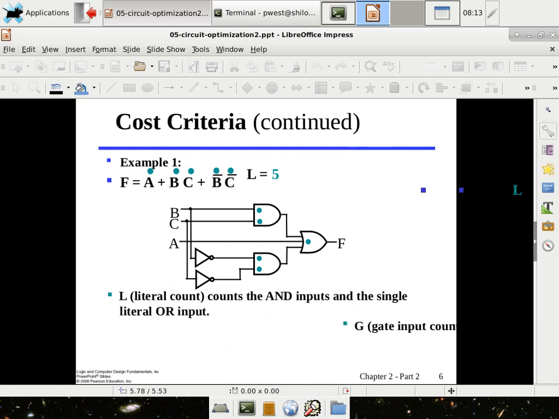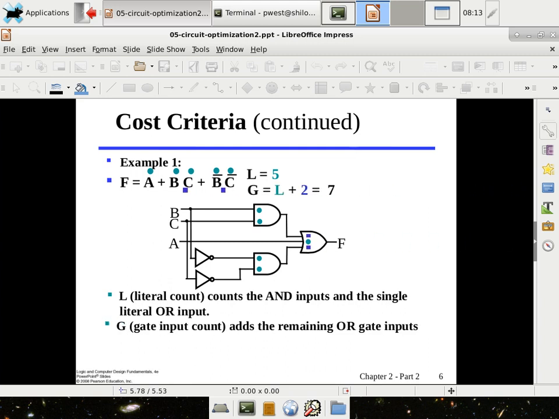All right, we'll go ahead and add the gate inputs. There's 2 extra gate inputs because if you notice, while these 2 ANDs are up here, you still have to have another input cost going to the final OR. So the gate input cost is actually your number of literals plus any additional gate inputs you need to account for.